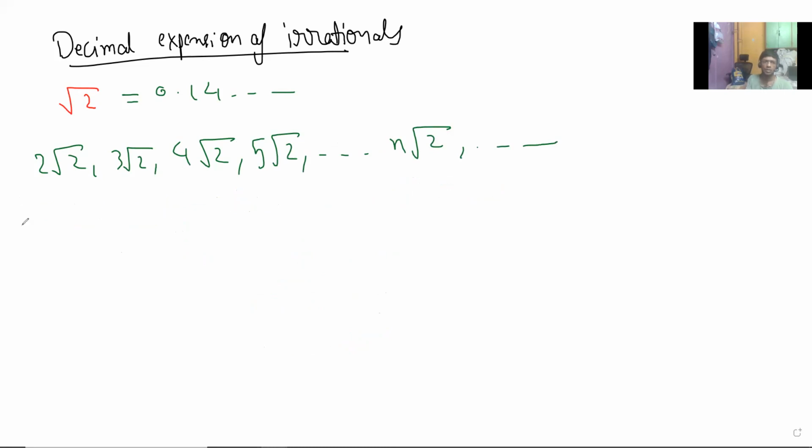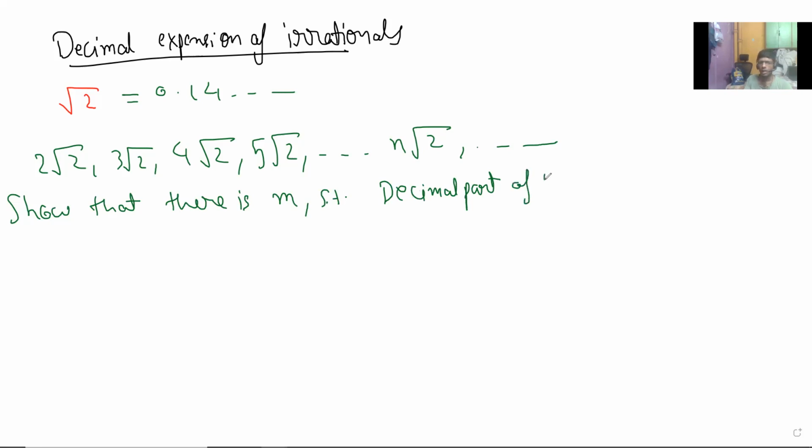Show that there is an m such that the fractional part, or the decimal part, called the fractional part function, if you have seen it, if not, it doesn't matter at all, the decimal part of m root 2 starts with 10 zeros.